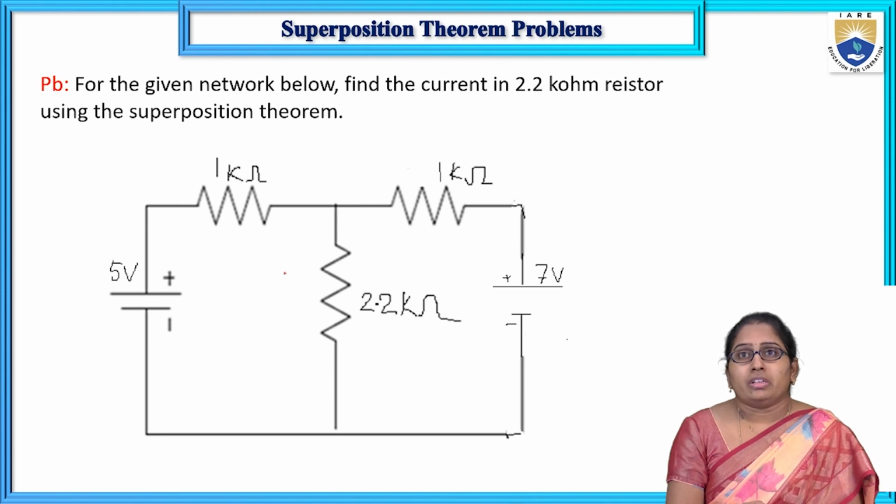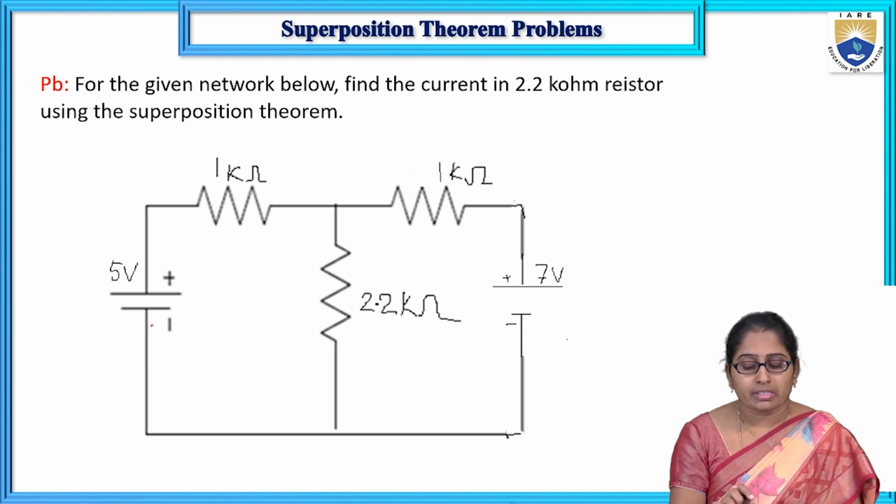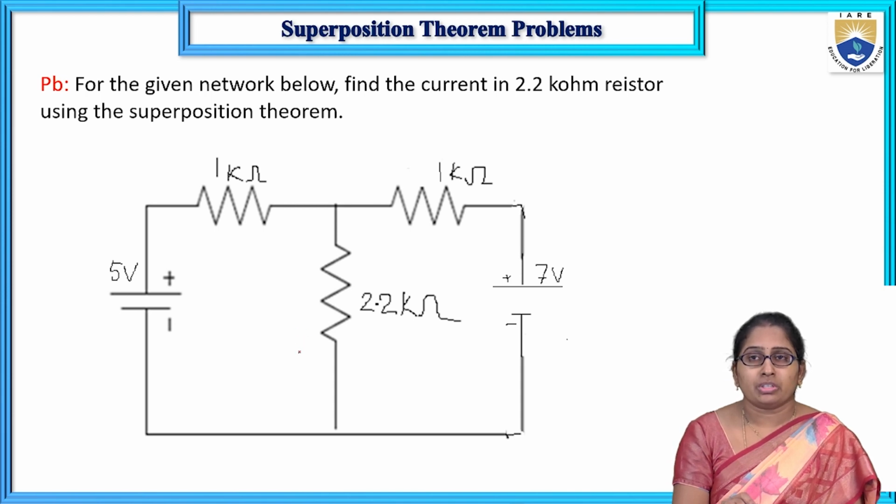It contains two voltage sources, 5 volt and 7 volt, and the elements are a 1k resistor on this side and a 2.2 kilo ohm resistor here. So the problem is: in this network, find the current in this 2.2k resistor using the superposition theorem.